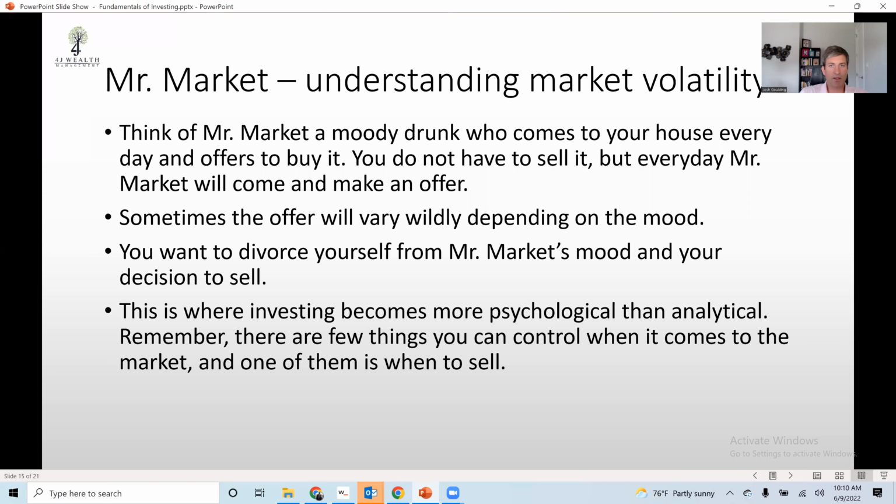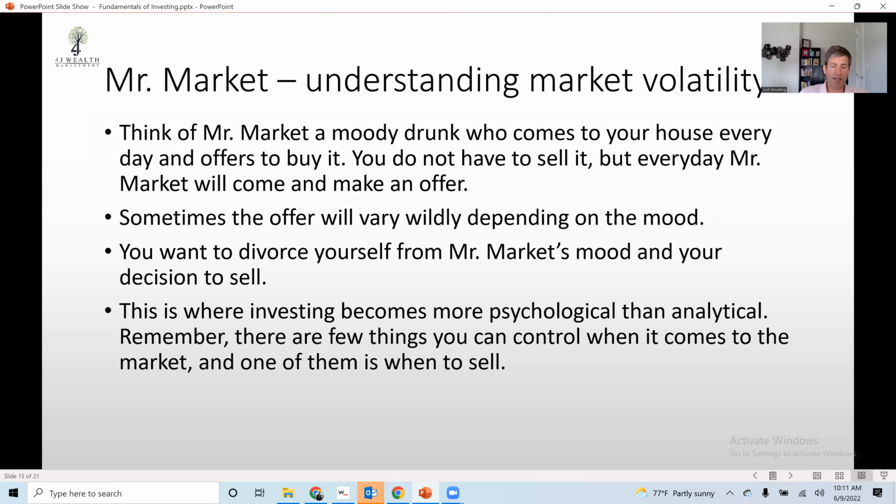There are few things regarding market investing that you can control, but one of them is when to sell. And just like you wouldn't pay much attention if someone came to your business or your house and offered you a price to sell every day, it shouldn't be any different with the market. I would admit that it's much harder to ignore because it's in our face all the time, and we see it in the news and friends and family talk about it.